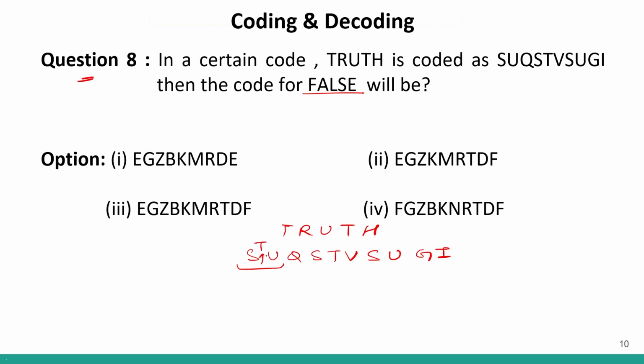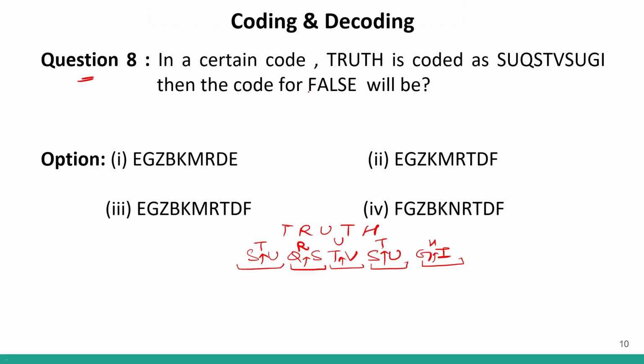STU, that is T is in between S and U. If I look at R, R is between Q and S. If I look at U, U is between T and V. Again, T is between S and U, and H is between G and I. That means for each alphabet, we have taken the previous alphabet as well as the next alphabet in the English alphabetical series. So for FALSE, we will do the same, right?